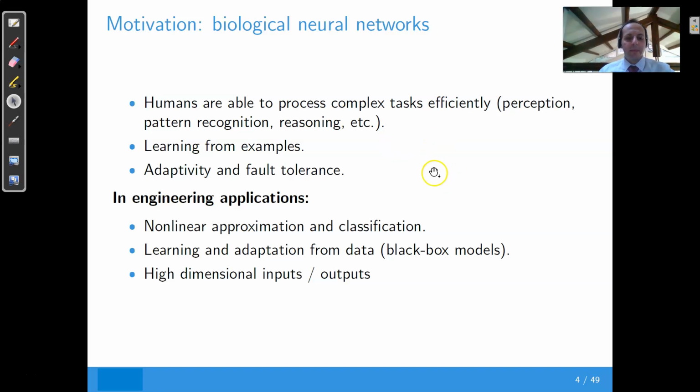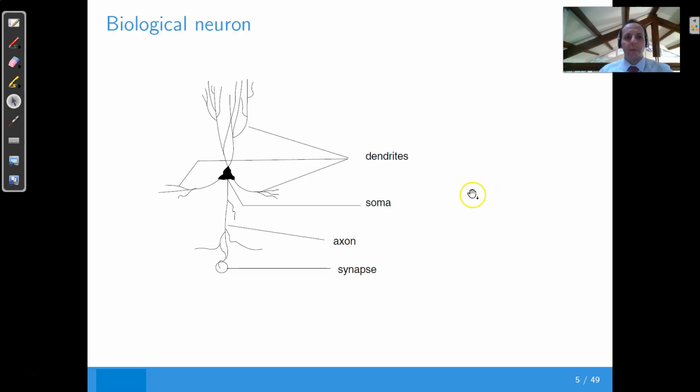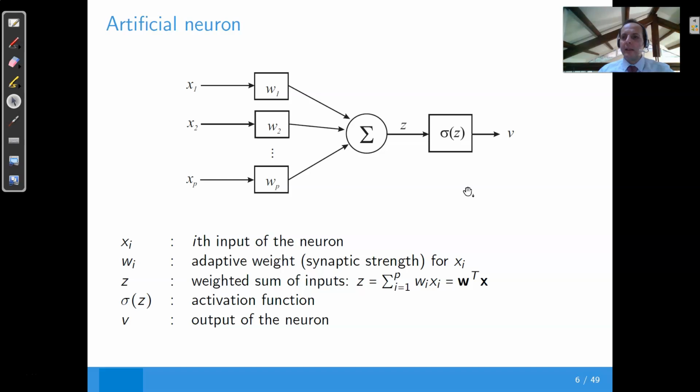In the previous lecture, we introduced this argument, and in particular, artificial neural networks were inspired by the biological evidence. We saw also an example of a biological neuron, and so we introduced this general structure.